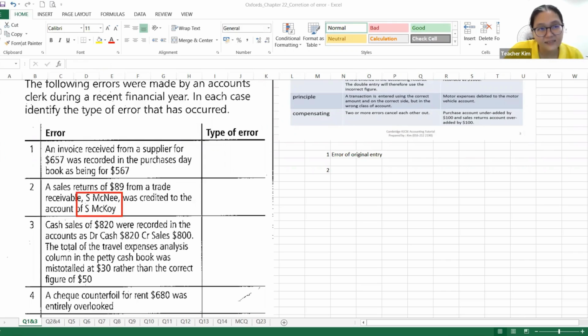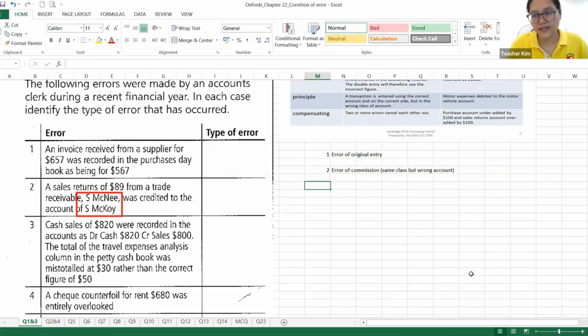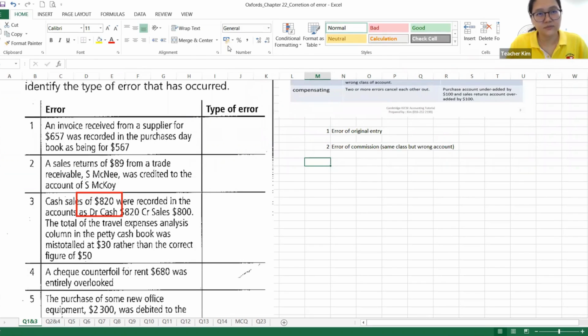So it is the same class but the wrong account. Same class, wrong account, we call it error of commission. Okay, next is number 3.